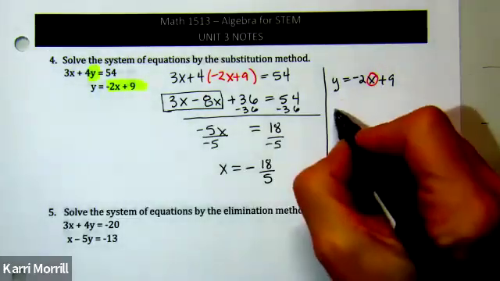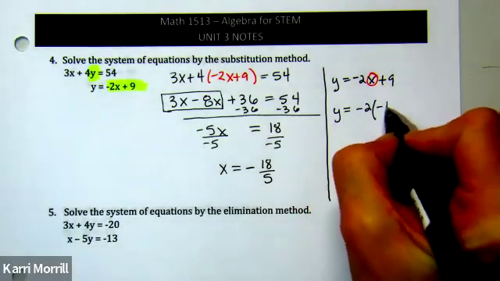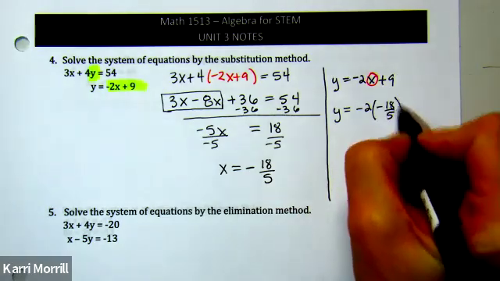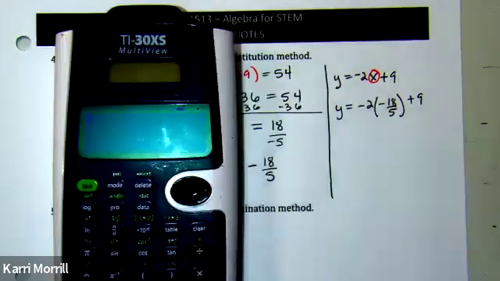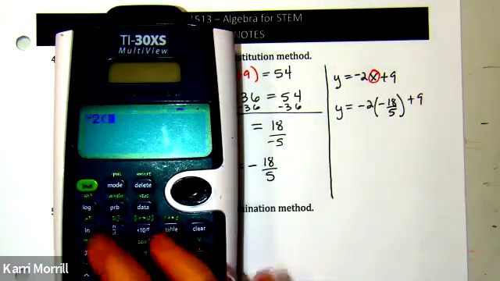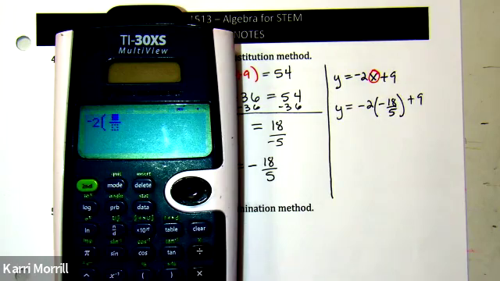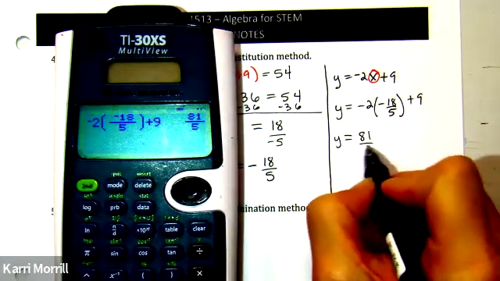So sometimes you get really ugly answers, and this would be a good example of that. You can type this into your calculator from left to right, which I would, just so I don't have to take time finding common denominators and stuff. Even though you're capable, it'll calculate it for us. So y would be 81/5.